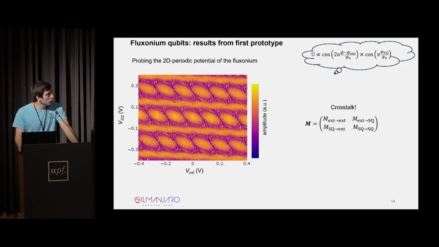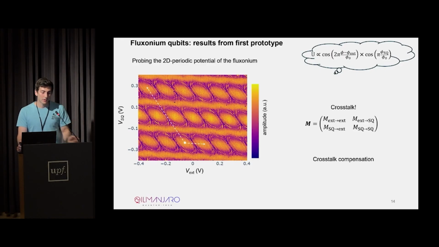It means that the mutual inductance I described before is not a simple number, but more of a matrix. So when we apply, for example, flux on the external loop, we don't only apply flux on the external loop, but we also have some crosstalk from the external loop to the squid loop, and vice versa.